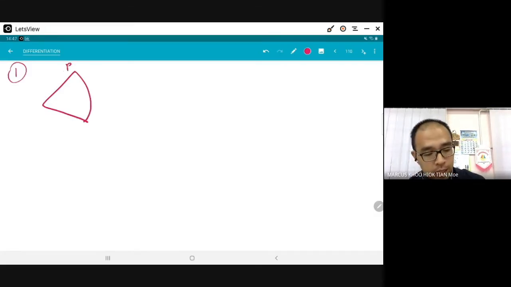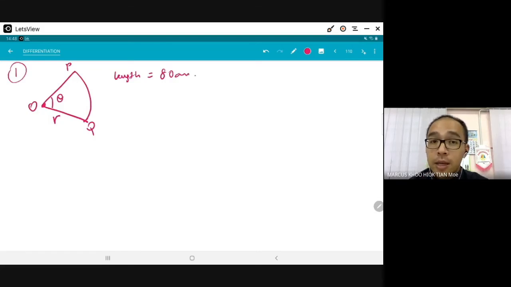We're going to say this is POQ because O is the center of the circle. You are given OQ is r and angle POQ is theta radians. And we know that the whole length is, what is it? Yes, 80 centimeters. Can you form the equation? If you want to find the area, we have to talk about r first.